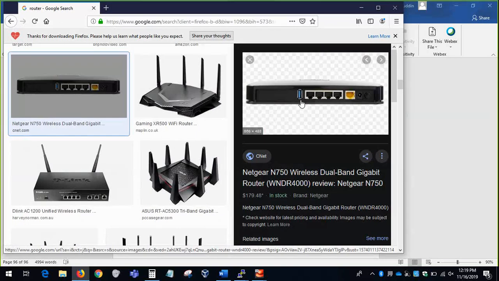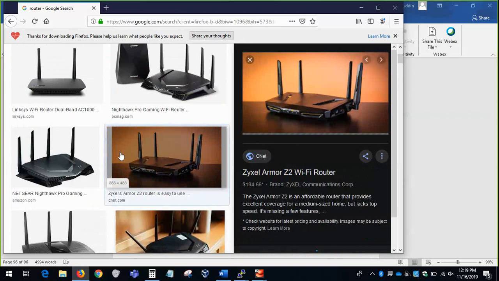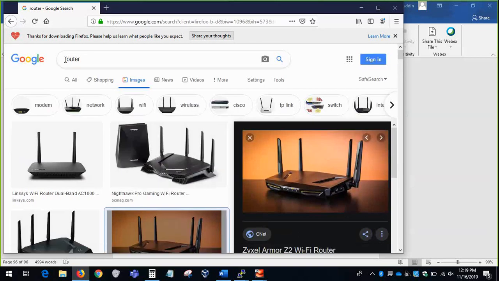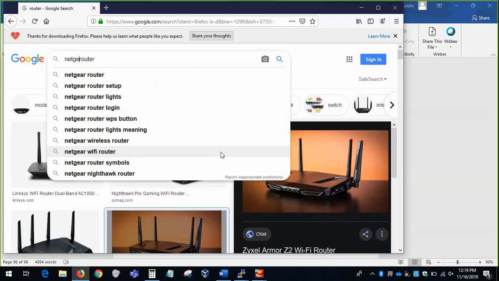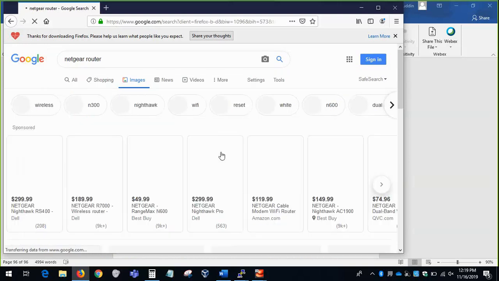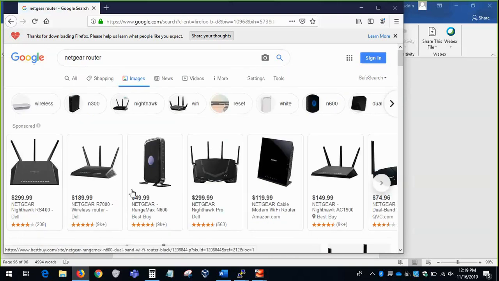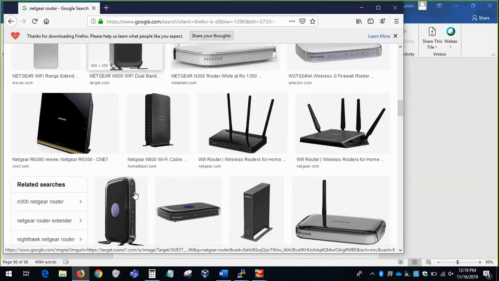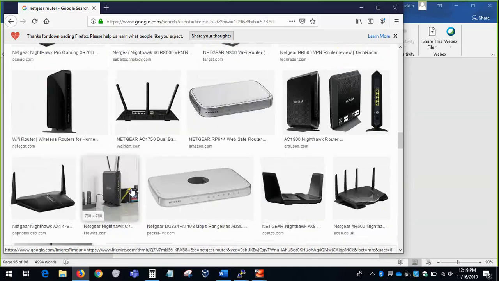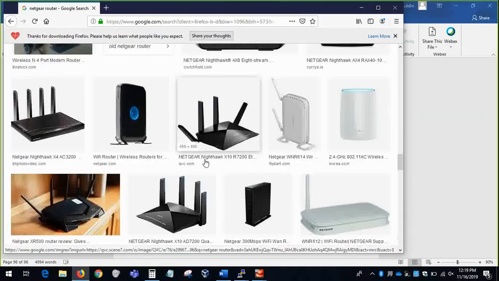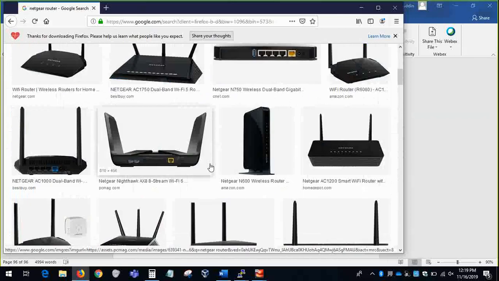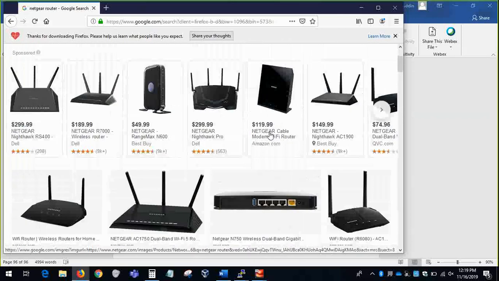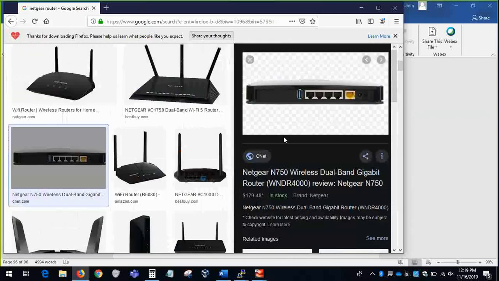Okay, so let's take a look at this cheap Netgear router. This is the best so far.